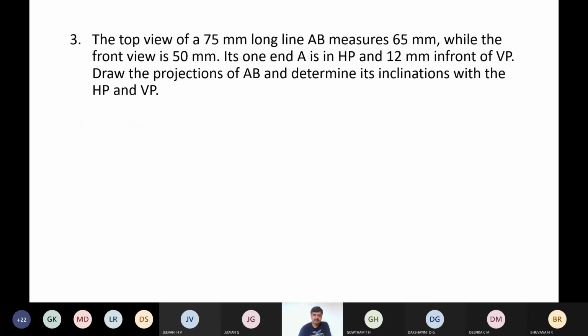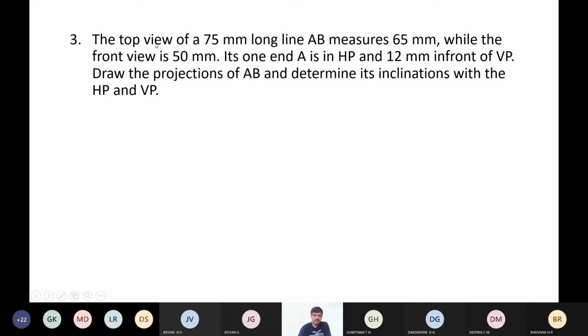Now I will consider one more problem. The top view of a 75 mm long line AB measures 65 mm, while the front view is 50 mm. Its one end A is in HP and 12 mm in front of VP. Draw the projections of AB and determine its inclination with the HP and VP.